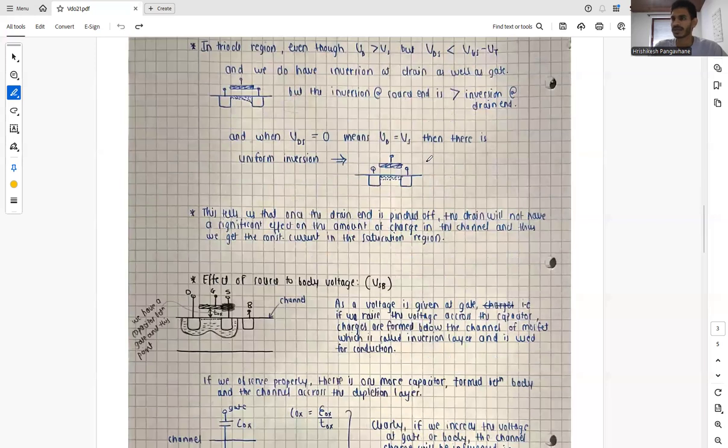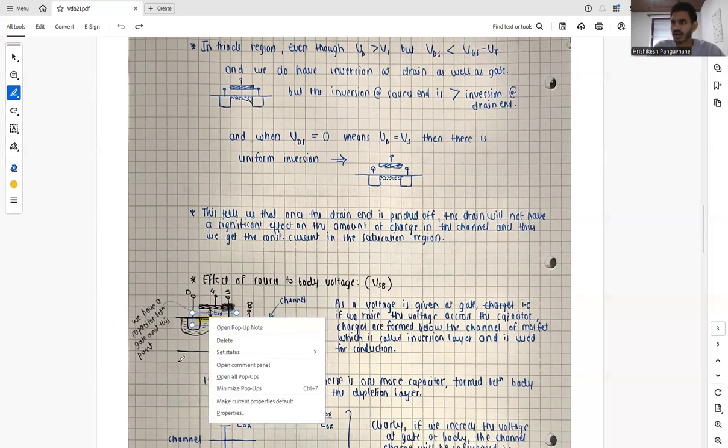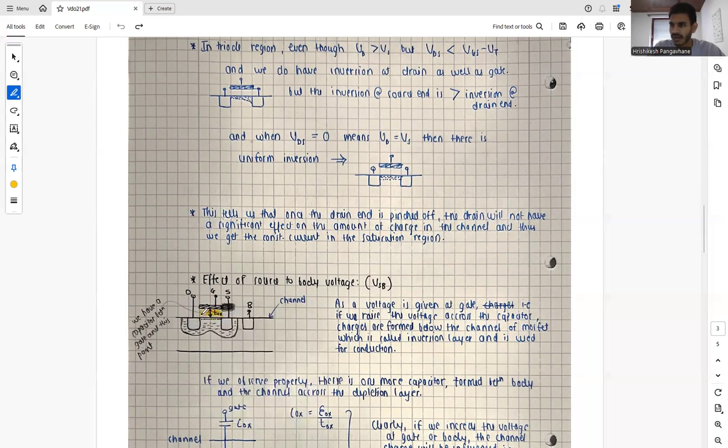Now we will see the effect of the source to body voltage. We have our body terminal as well, and this is our channel, and on this channel there is a polysilicon gate. We have a capacitor between the gate and the channel, with a dielectric whose thickness is Tox. This is a dielectric of metal oxide, and the thickness is Tox.